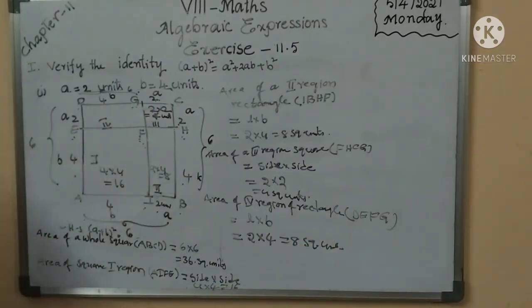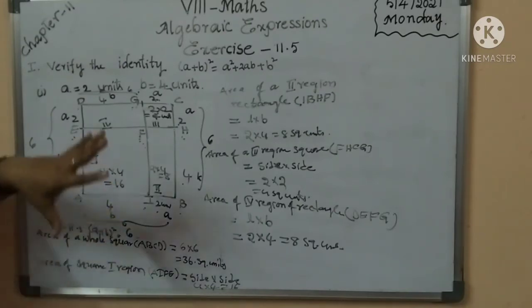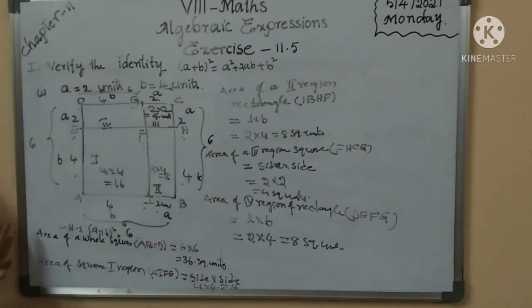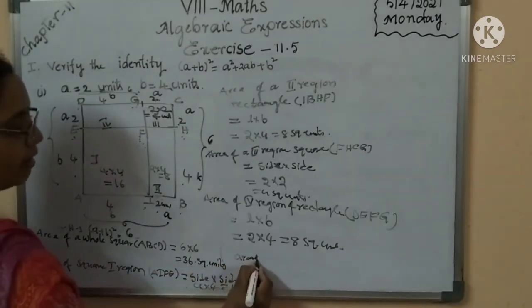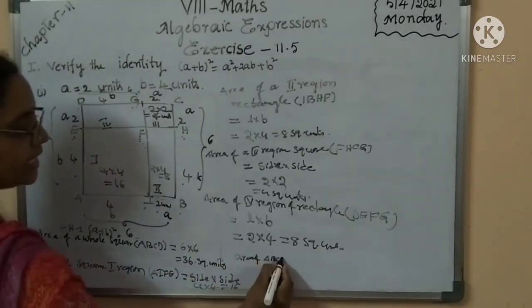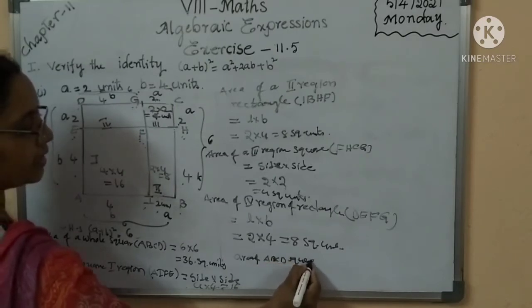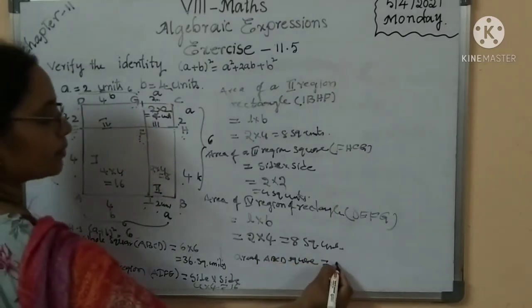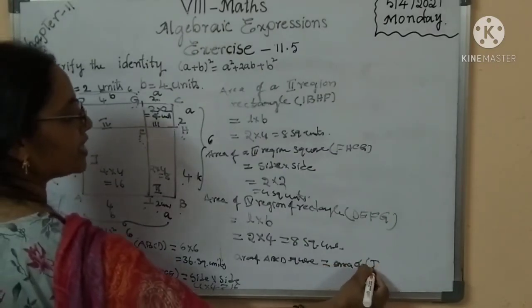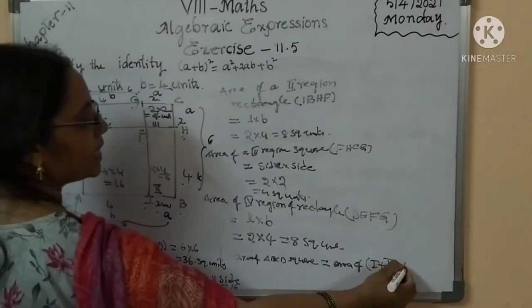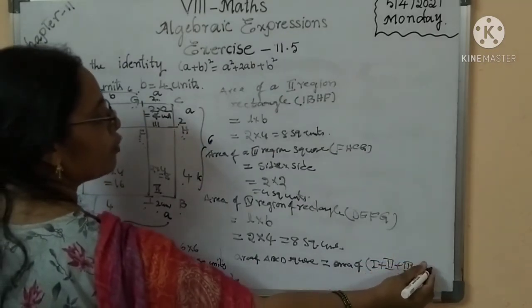Finally, we prove that the area of the whole square equals the sum of the 4 regions. The area of square ABCD is equal to the area of the first region plus the second region plus the third region plus the fourth region.